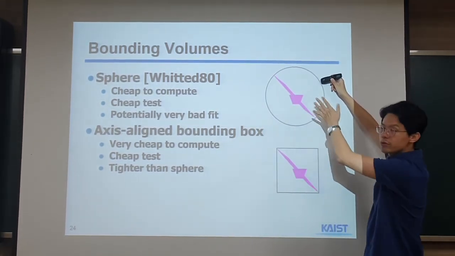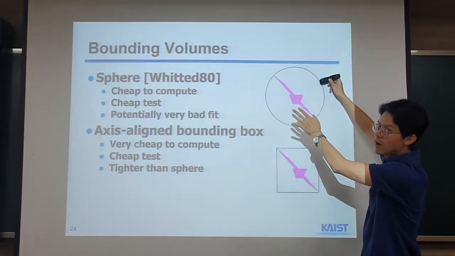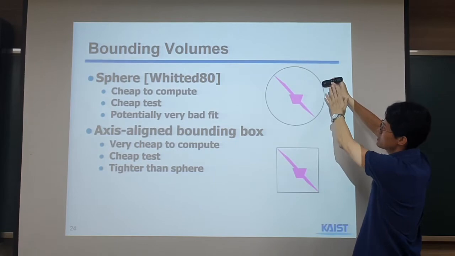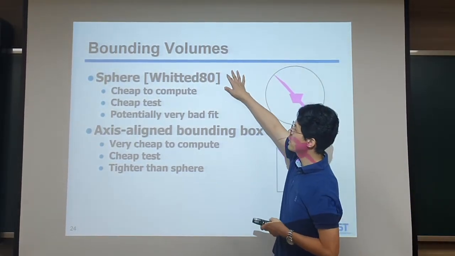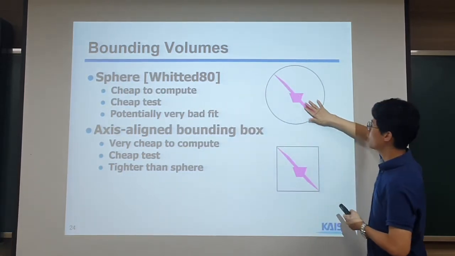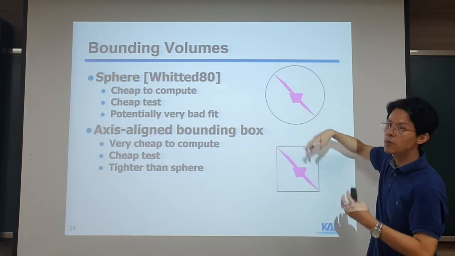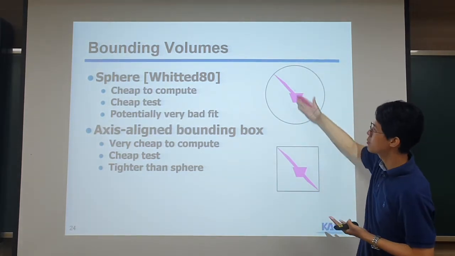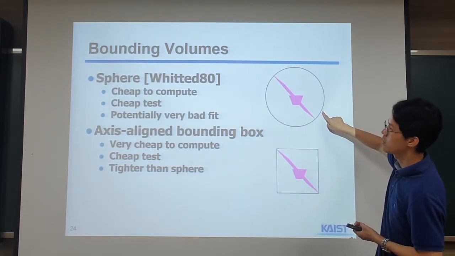You can go through the pairwise triangle level between these objects, which takes a lot of time. Instead, we can typically use a bounding volume like a sphere. For this object, the bounding sphere is the smallest sphere enclosing the object. In this case, we can compute the sphere bounding volume.